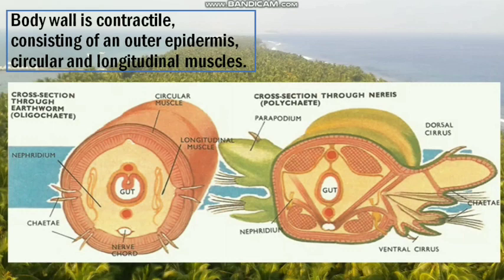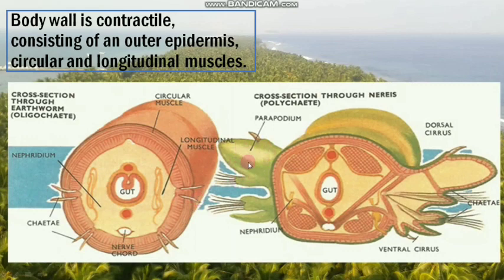Next character is the appendages. It has numerous appendages, but at the same time, we have to keep in mind that annelids have unjointed or unsegmented appendages. You can see in this figure the two appendages, one for the earthworm and the other for the Nereis. In case of the earthworm, the appendage is the setae, and in case of the Nereis, it is the parapodium.